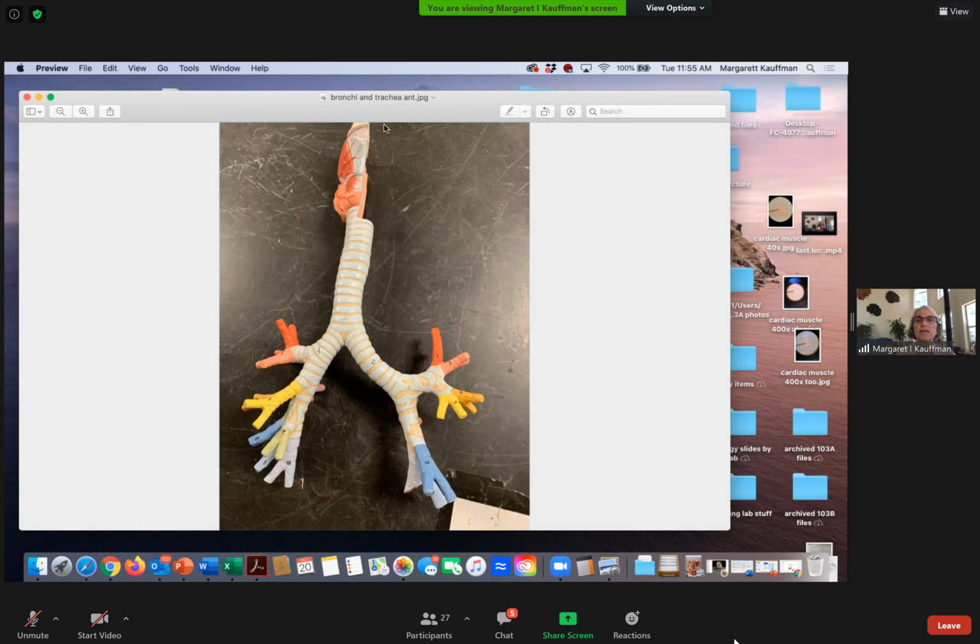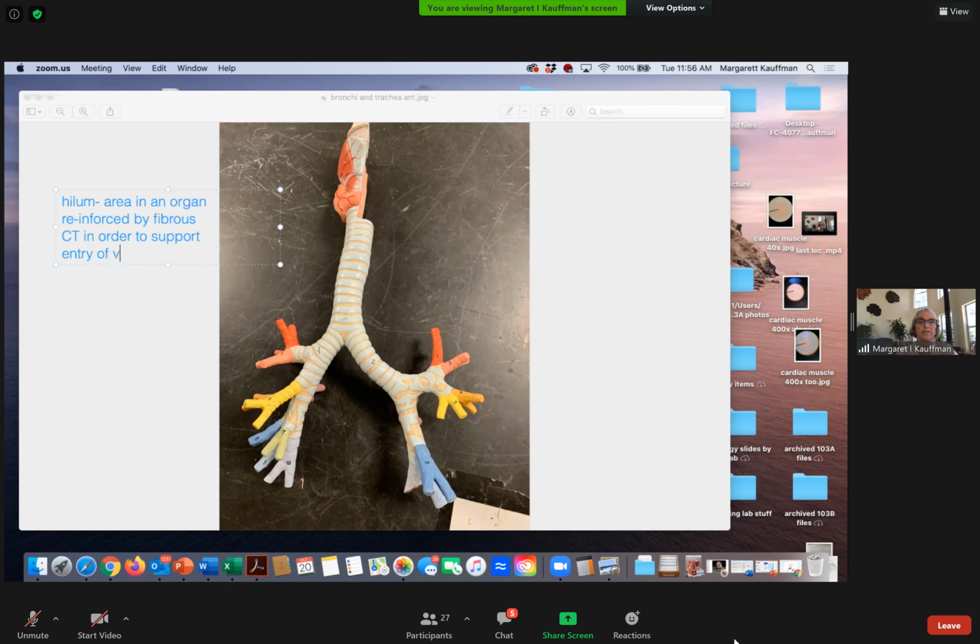When we get to the kidney, we'll have a hilum. So this is an area on an organ that is reinforced by fibrous connective tissue in order to support entry of vessels or other tubes.